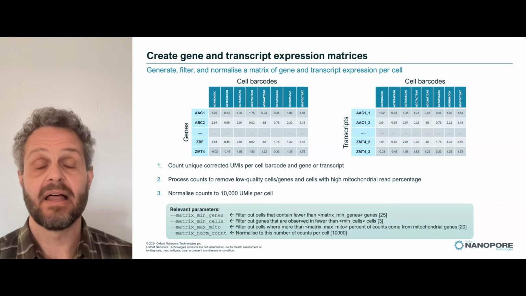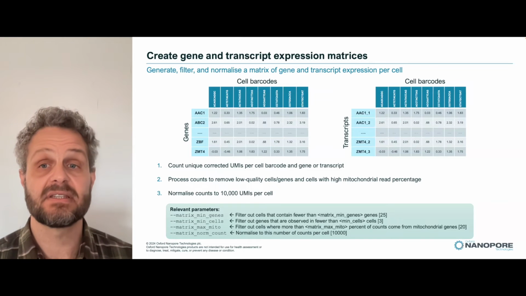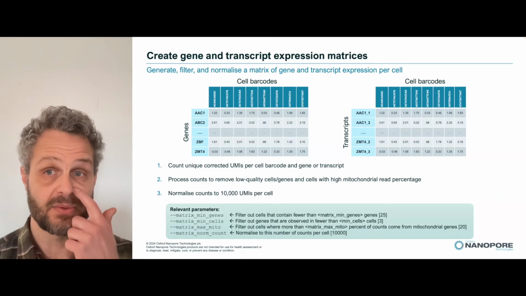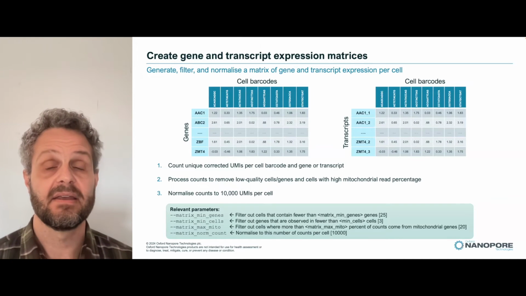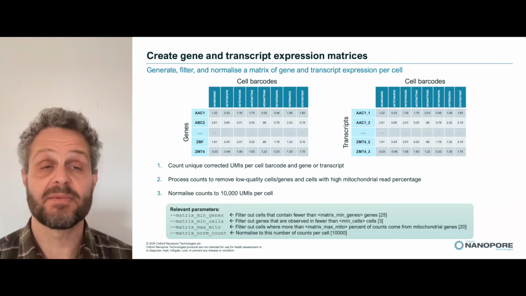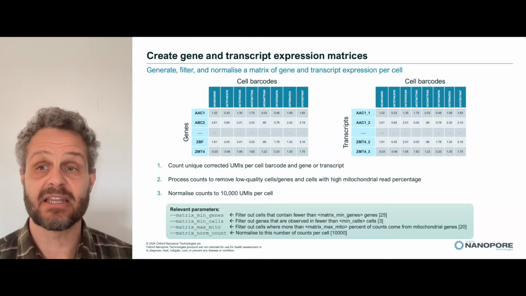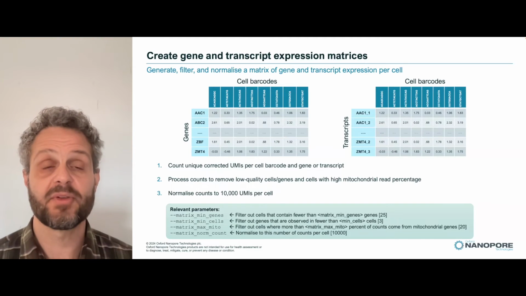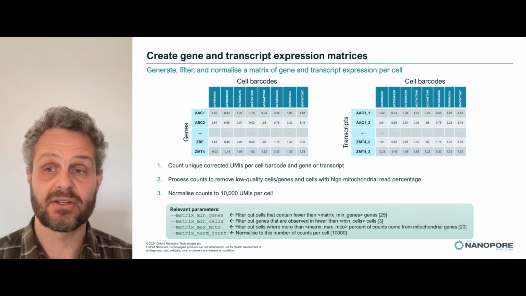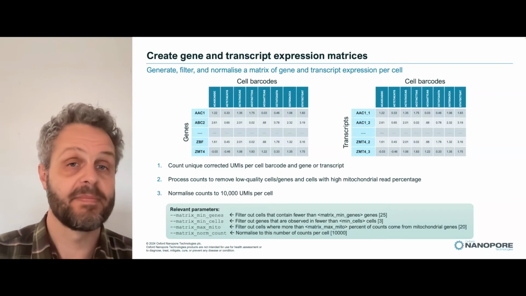And then finally, the filtered counts are normalized to 10,000 UMIs per cell, so that they can be compared between cells. The filtering parameters just described can be set in the workflow and are described in the green box. And both the raw and processed matrices can be found in the user output directory.